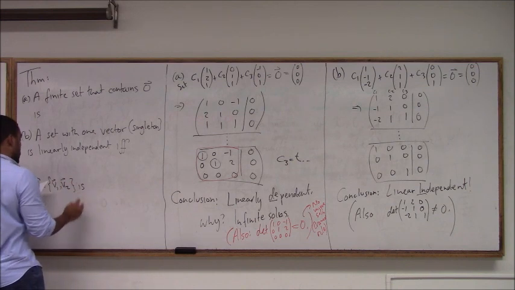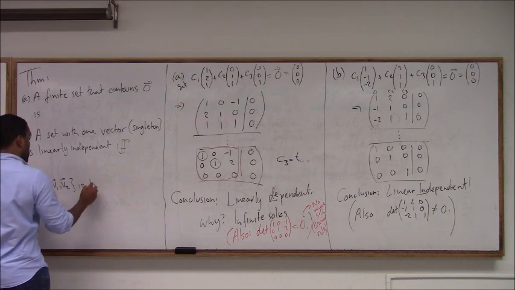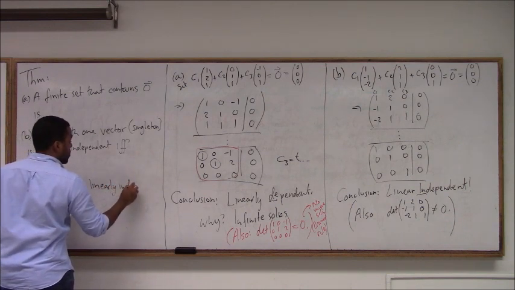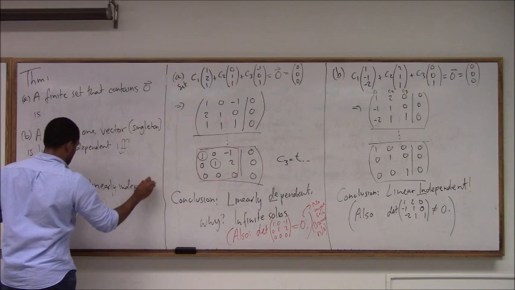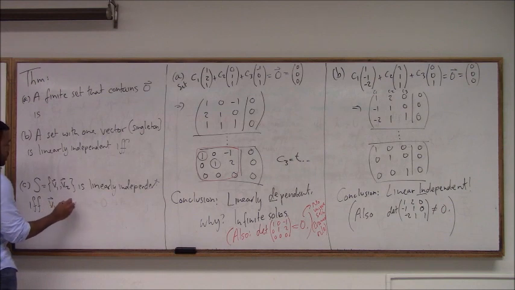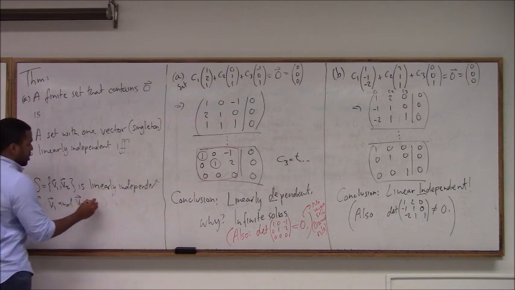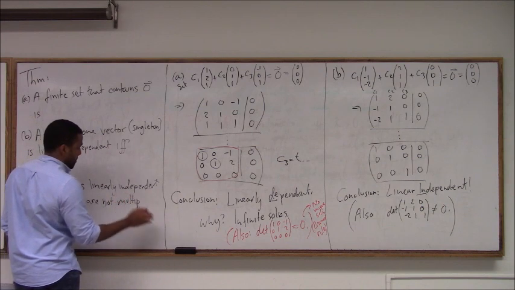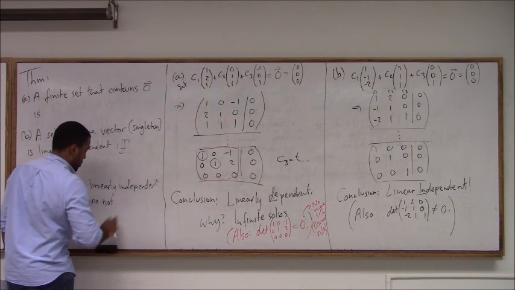So with 2 vectors specifically, is linearly independent if and only if V1 and V2 are not multiples of each other, or scalar multiples of each other.